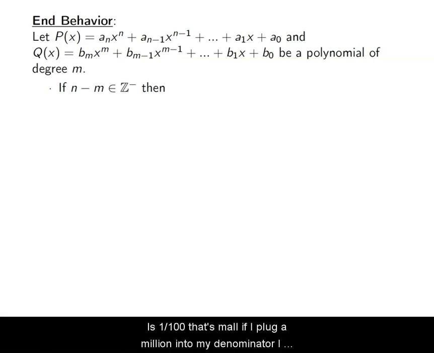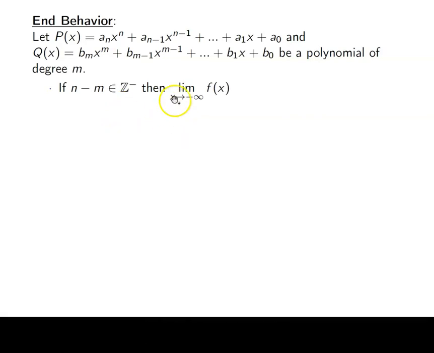That's small. If I plug a million in to my denominator, I have 1 over a million, or 1/1,000,000th, a very, very small amount. So the larger the denominator is, the smaller the actual value is. The closer and closer and closer I get to 0, okay?